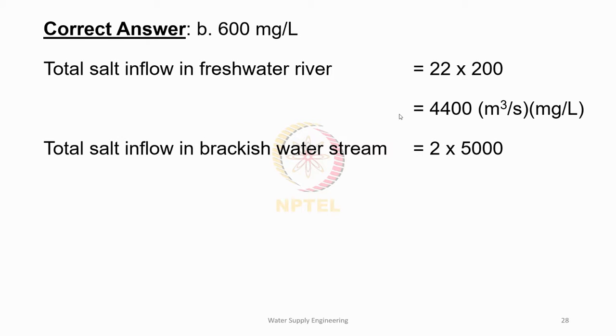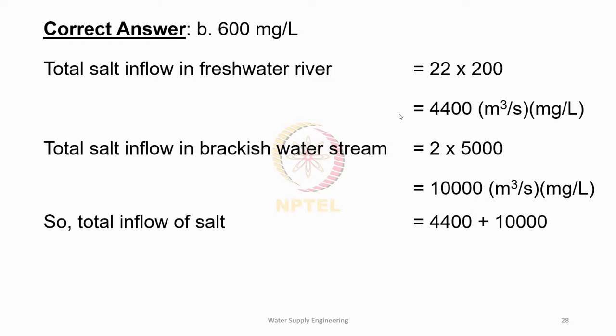Now the total salt inflow in the brackish water stream is 2 into 5000 in a similar way. So we'll get it as 10,000 meter cube per second milligram per liter.